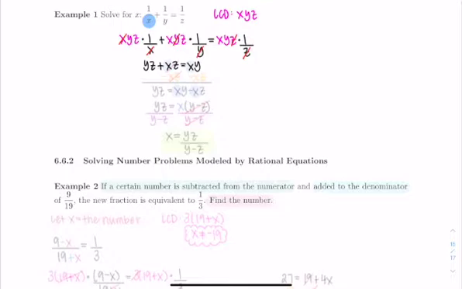Now remember, we're solving for x. So that means anything with an x needs to be on the same side. So I am going to subtract xz from both sides so that we can get both terms with x on the right-hand side. So we have yz equals xy minus xz.